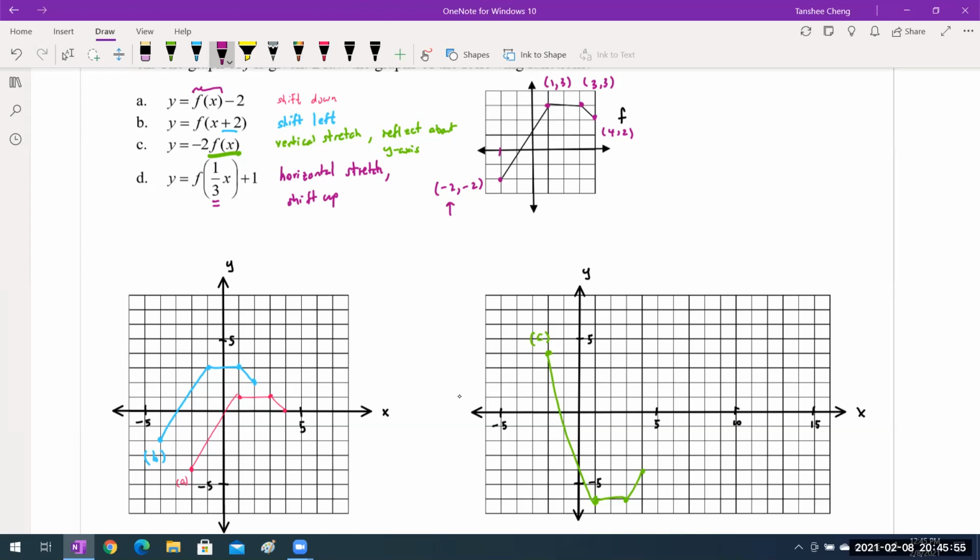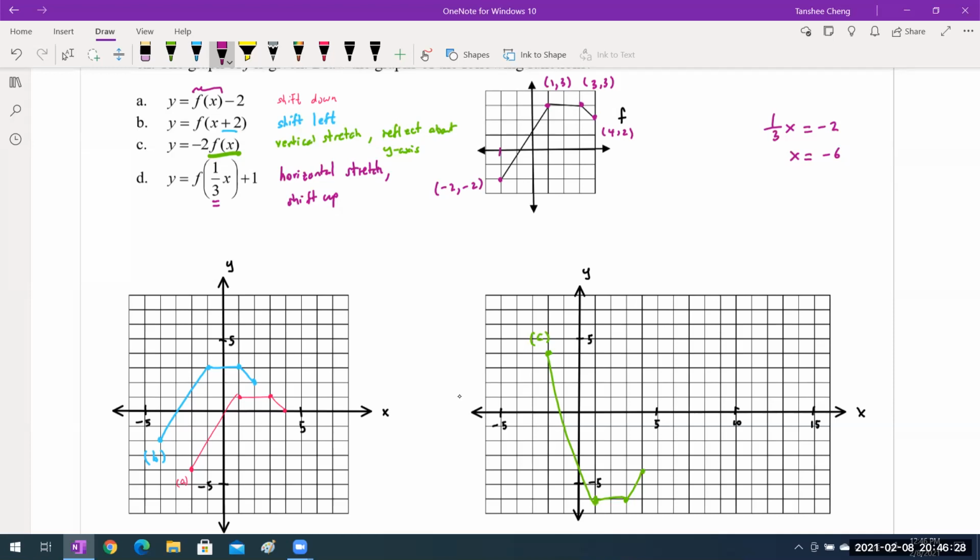Now, this x value is the equivalent of 1/3 x. So the question is, which x value do I need to use so that it will be equivalent to -2? So that's algebraic thinking. 1/3 x is equal to -2, and that will help you get the new stretched location. Multiply both sides by 3, it will be -6.